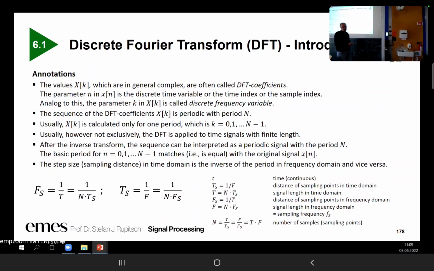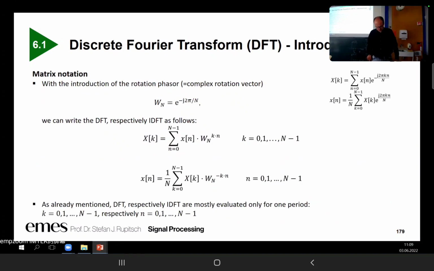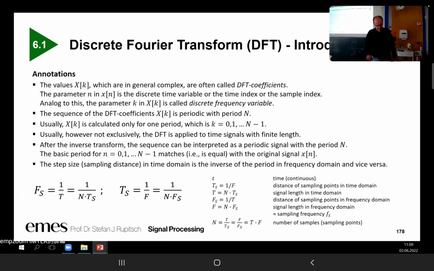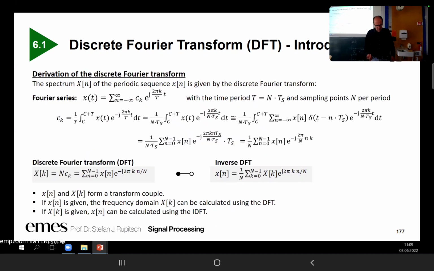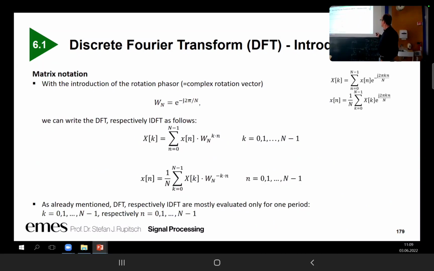Good. Then let us continue. Both formulas are very important, and they are written here again. We have here the discrete Fourier transform, and here the inverse one. The interesting part is, if you take a look at the transform kernel, in both cases we have this exponential function.